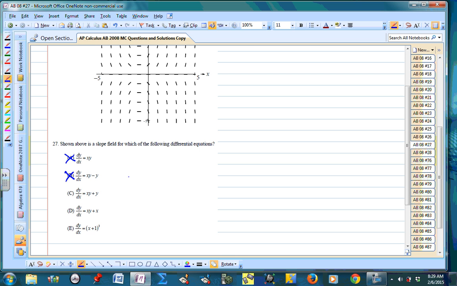Now let's go to C. Does our derivative, or does our slope, equal 0 when x is -1? -1 times y plus y. But you can see that -1 times y plus y does add to 0. And this statement's going to be true all the time. So C is a possibility. We might have to do more analysis.